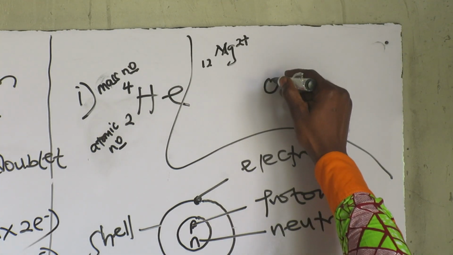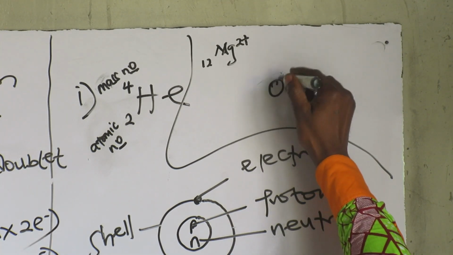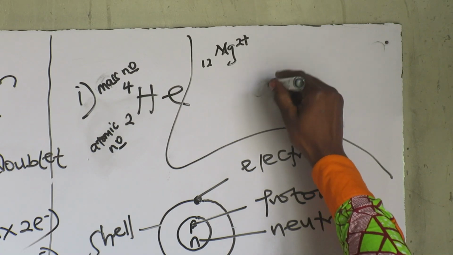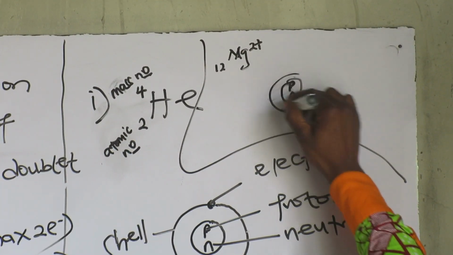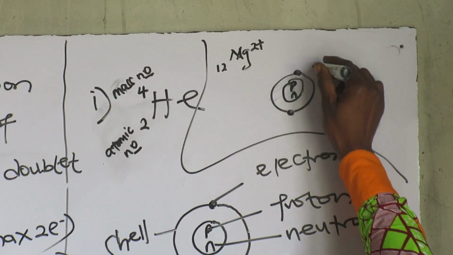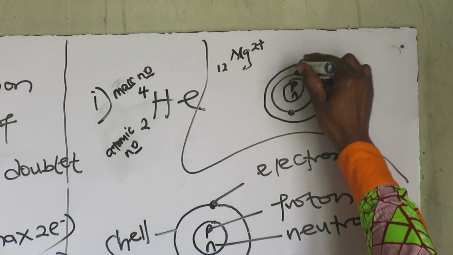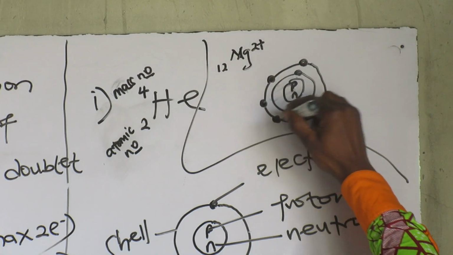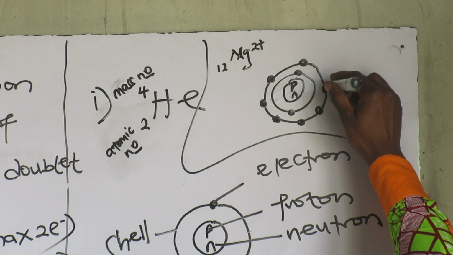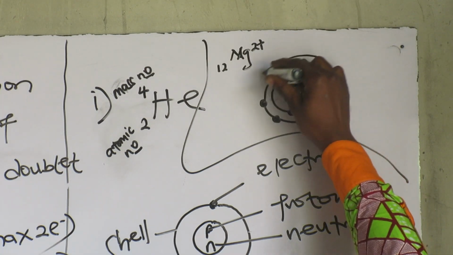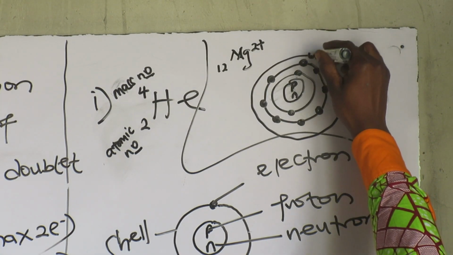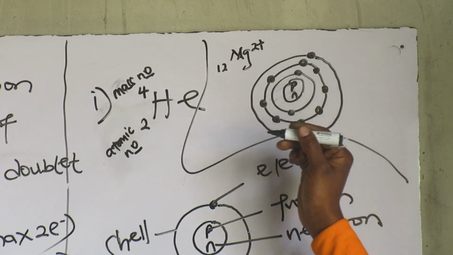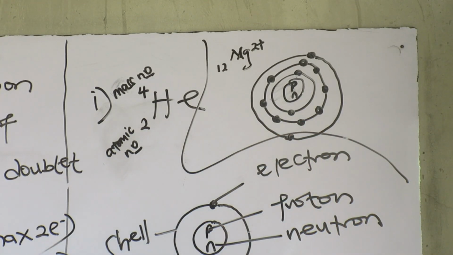So there's the first shell. There's a nucleus, right? Protons and neutrons. First shell: 1, 2. Next: 1, 2, 3, 4, 5, 6, 7, 8. Only 10. Why? Because it has lost 2 electrons.